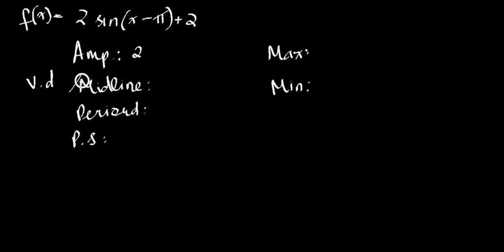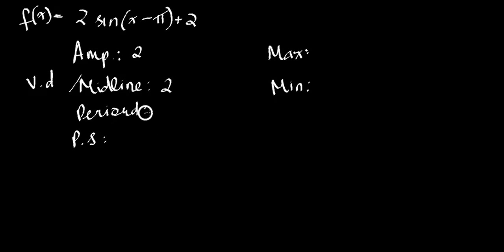This is also the new x-axis where you are going to start your graph, and you will see that when we actually start to graph it. So for now, just remember the last number is your midline or vertical displacement. If there was nothing here, it'd be a 0, but in this case it's 2.